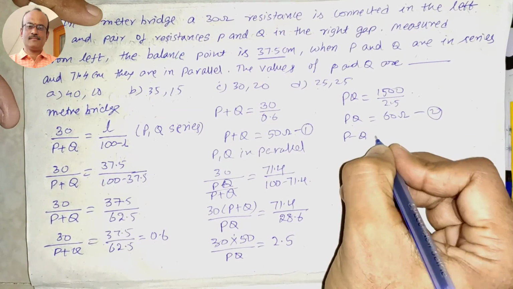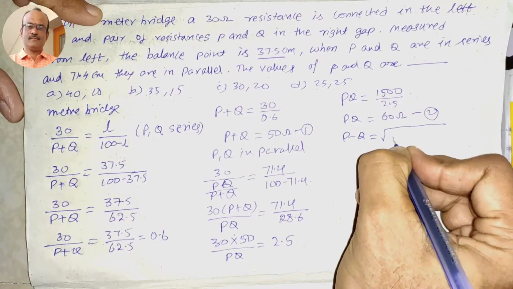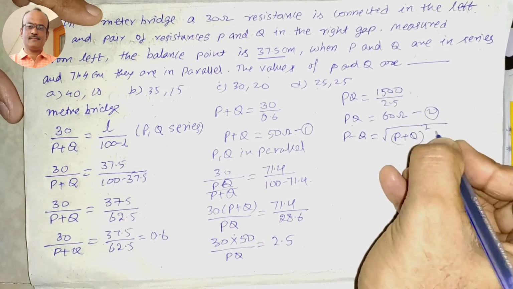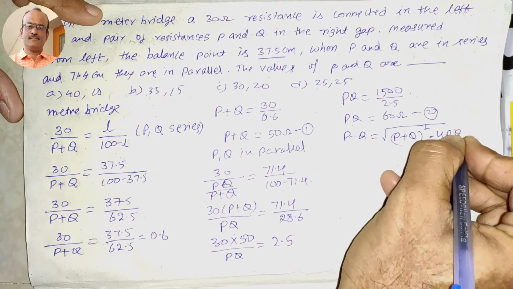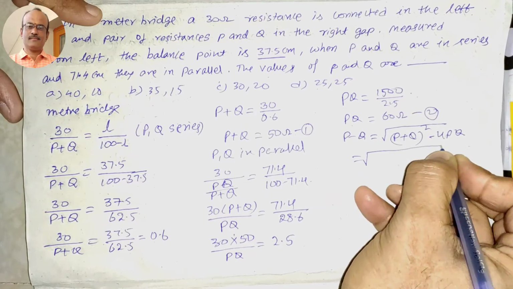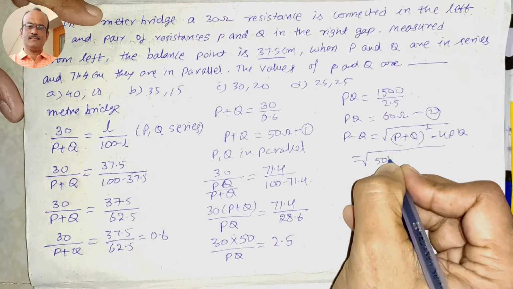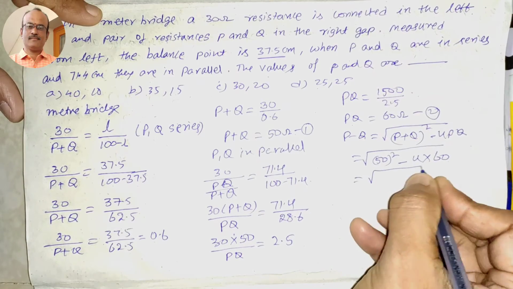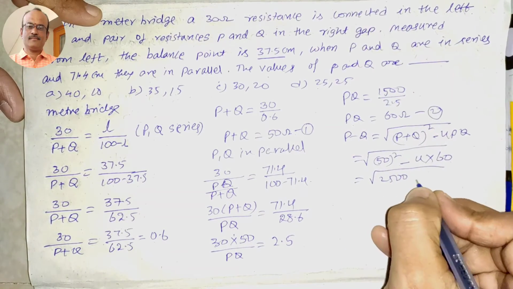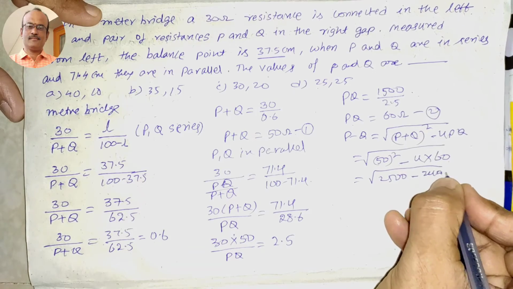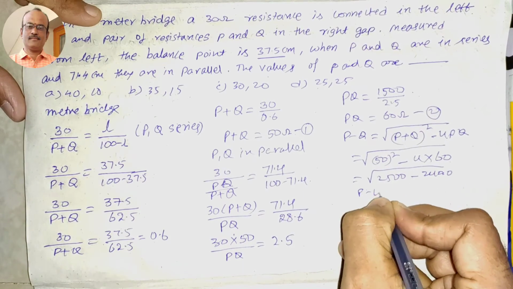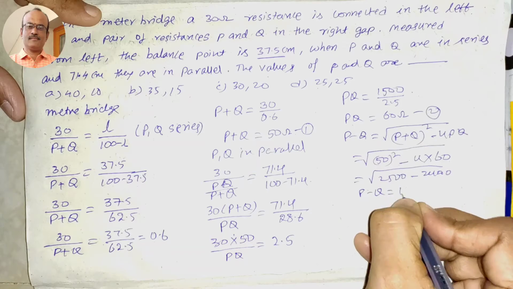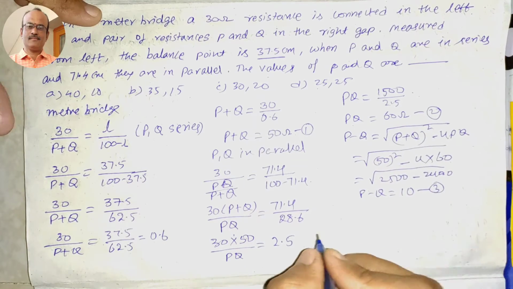So here if you want to calculate P minus Q, square root of (P plus Q) whole square minus 4PQ, square root of (50) whole square minus 4 into 60, square root of 2500 minus 2400. So here P minus Q is equal to root 100, which is 10. This is the equation number 3.